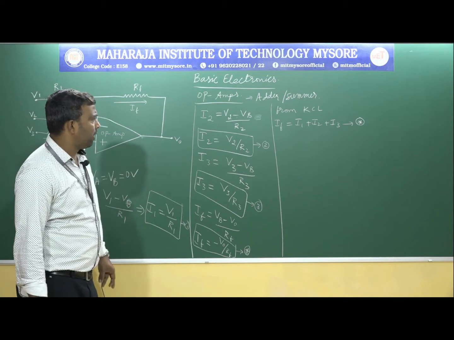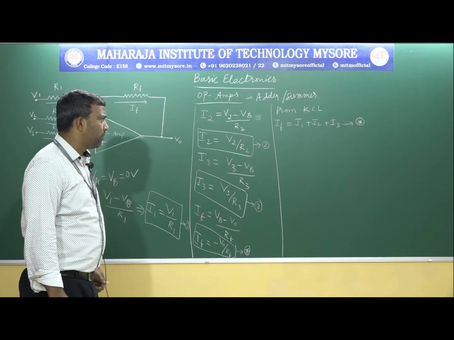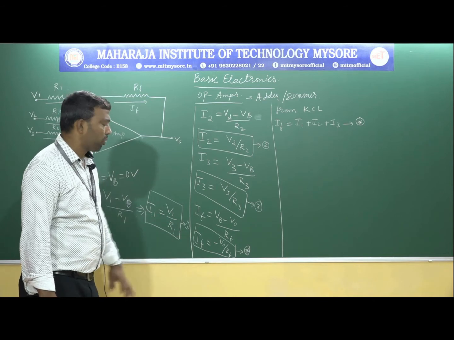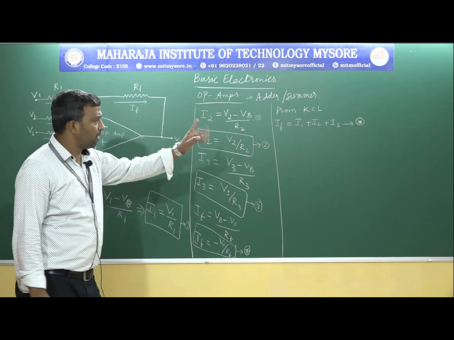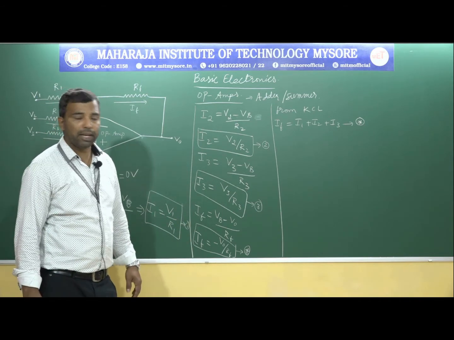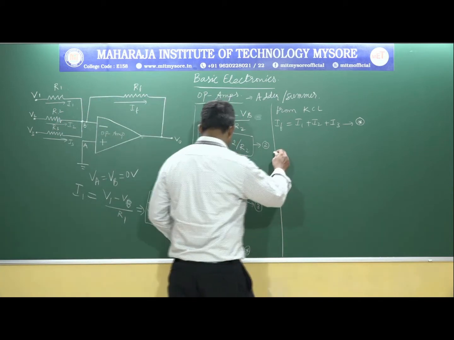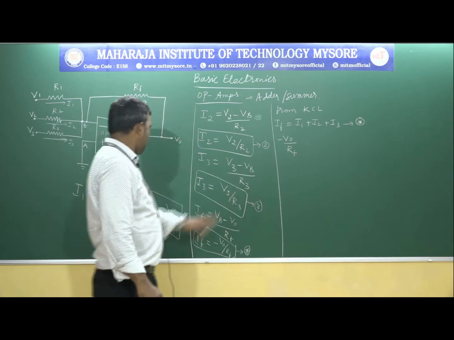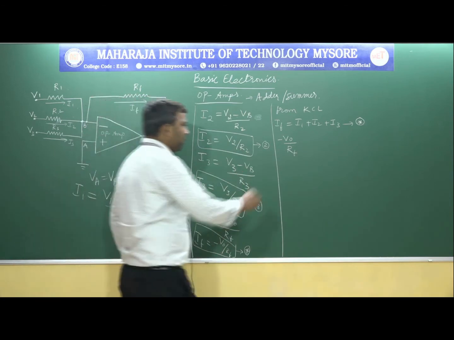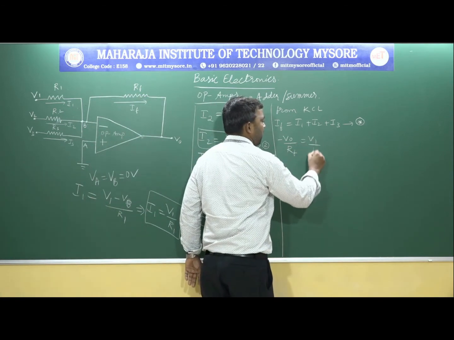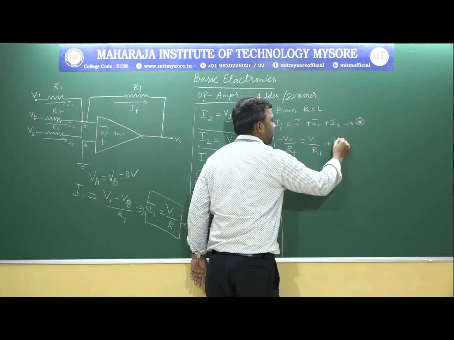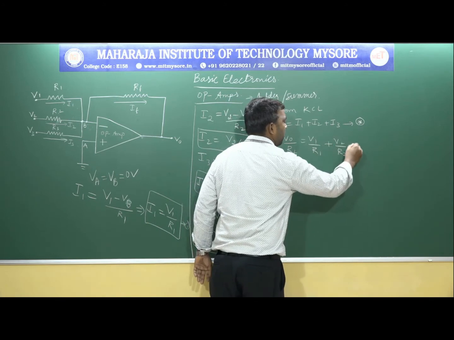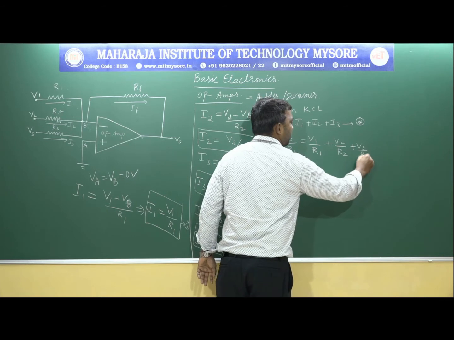Substituting I1, I2, I3 and IF from expressions 1, 2, 3, 4 respectively into expression star, we get: IF is minus VO by RF, and I1 is V1 by R1, that is equal to V1 by R1 plus V2 by R2 plus V3 by R3.